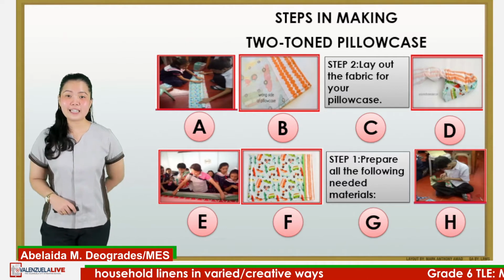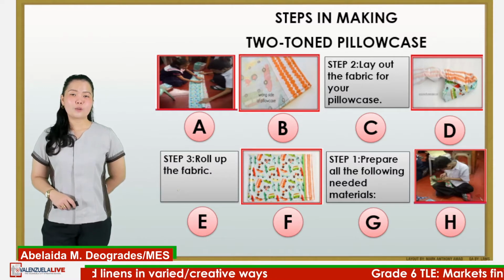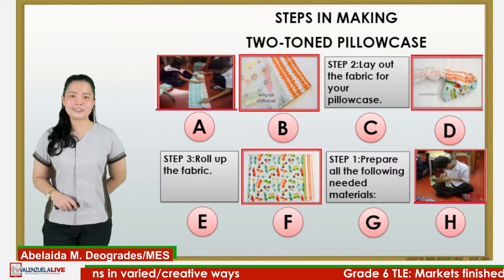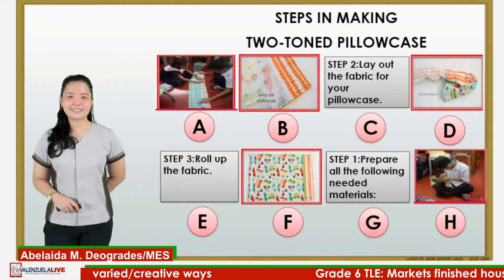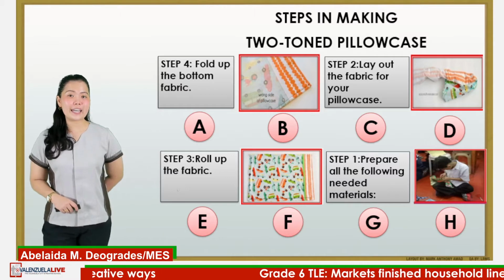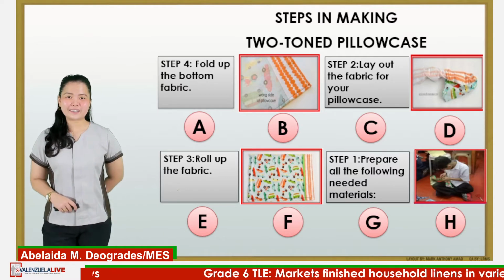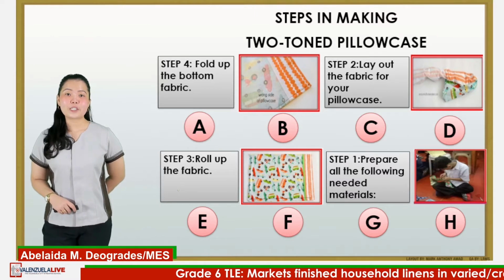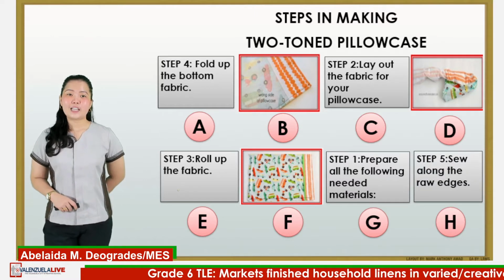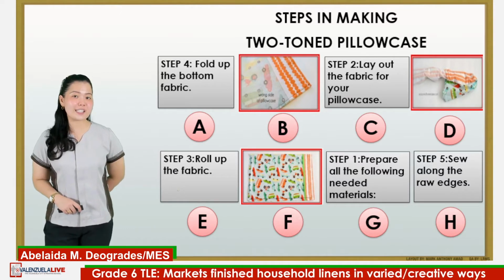For step 3, if your answer is letter E, roll up the fabric, you're correct. For step 4, if your answer is letter A, fold up the bottom fabric, you're correct. For step 5, if your answer is letter H, sew along the raw edges, you're correct.